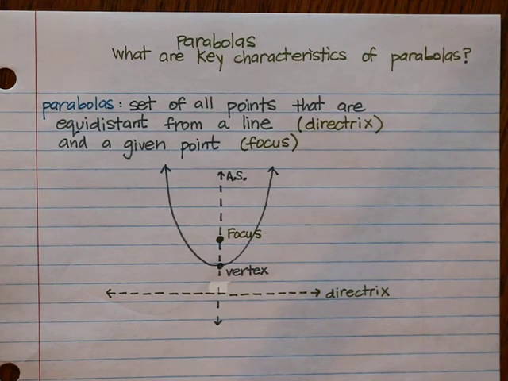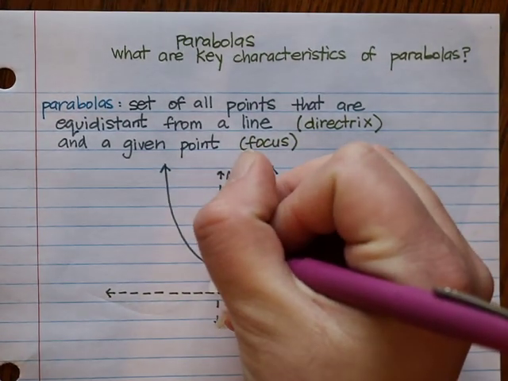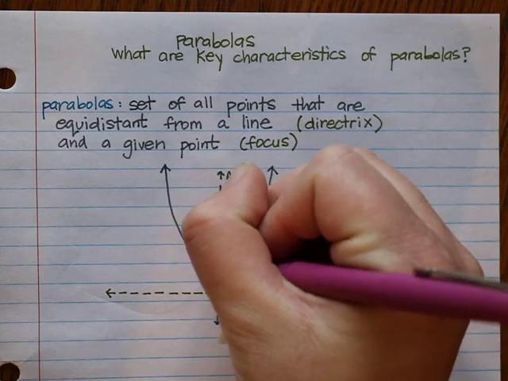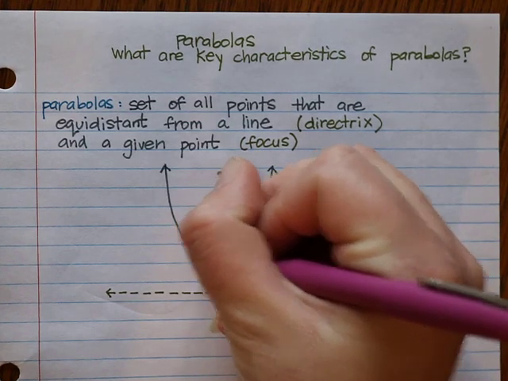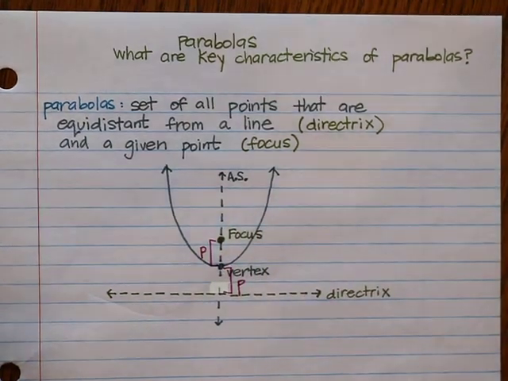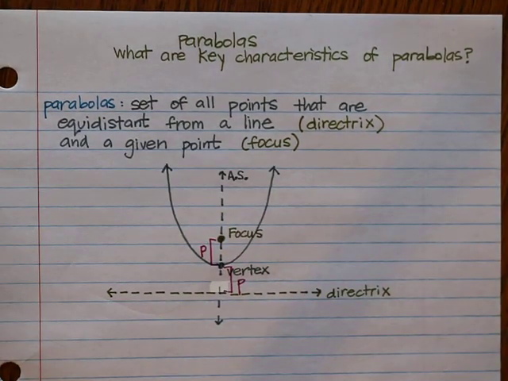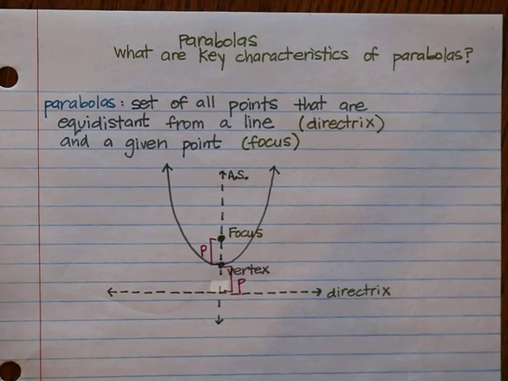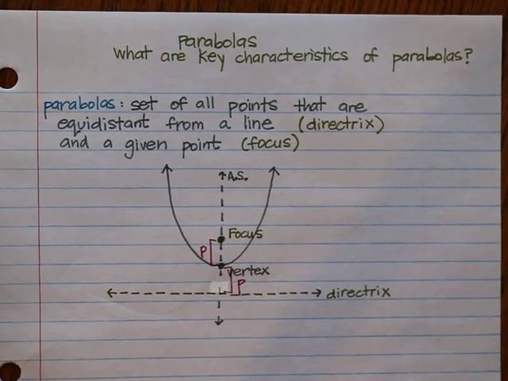Those two are equidistant from the vertex, just like they're equidistant from any point on the line. But specifically from the vertex, this distance right here is p. Same thing down here, p. And that p is going to come in handy for us and is going to show up in the equation. So we'll be looking to solve for p.